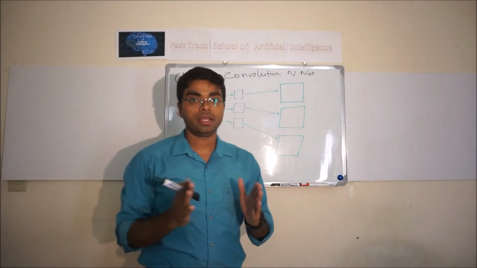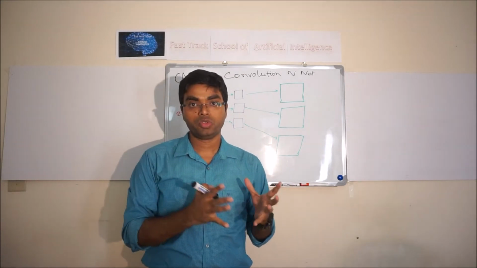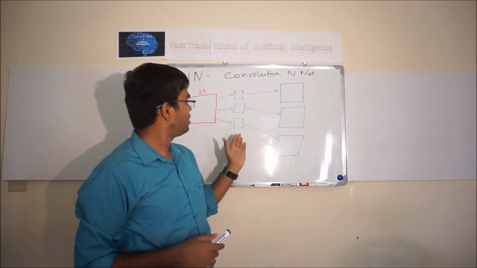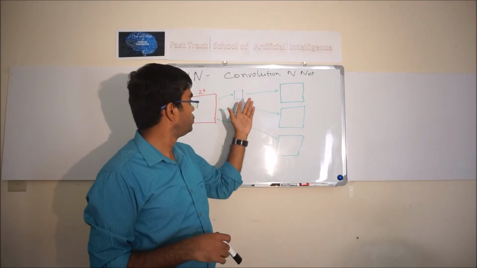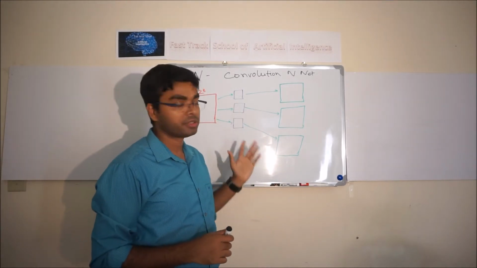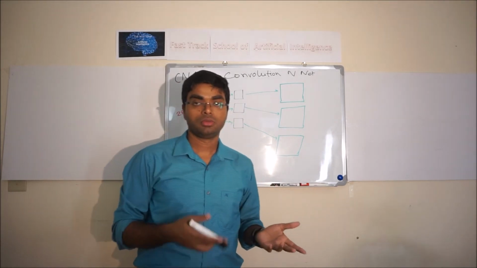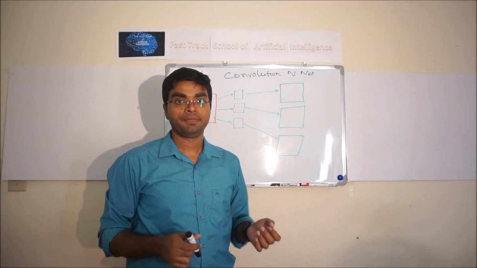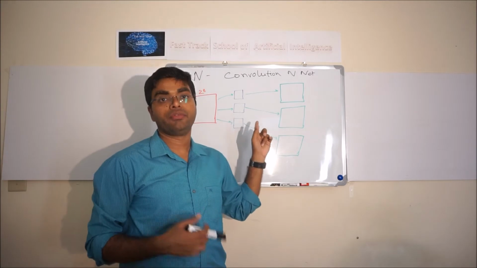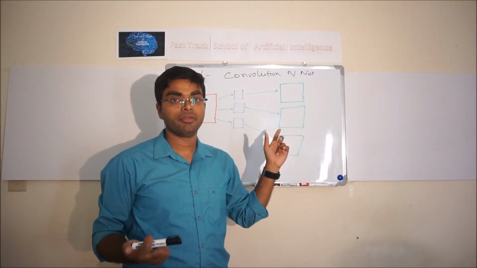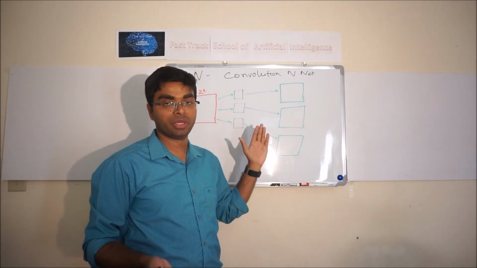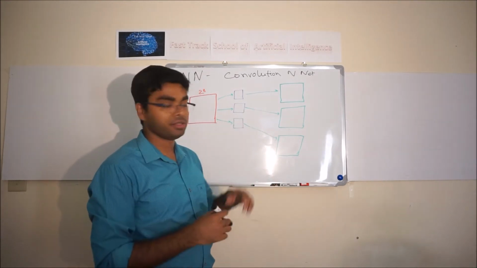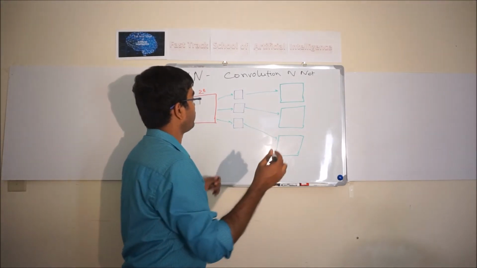Normally, the initial layers of a convolution neural network learn simpler geometric figures using those filters. These filters are mostly 3 by 3 or 5 by 5 or 7 by 7, or 11 by 11 in some extreme cases, and mostly 3 by 3 or 5 by 5 pixel size. Okay, and they will try to learn some shapes.